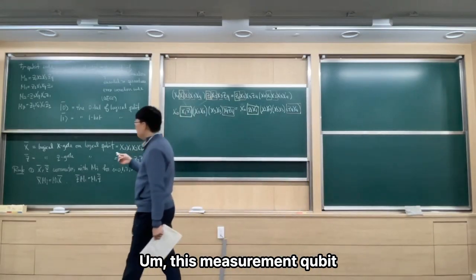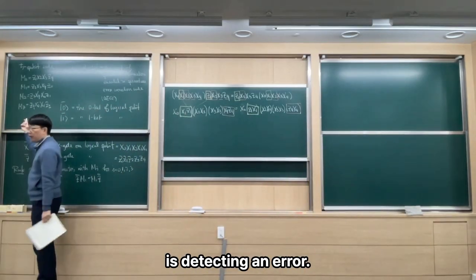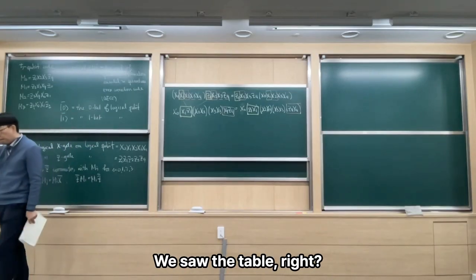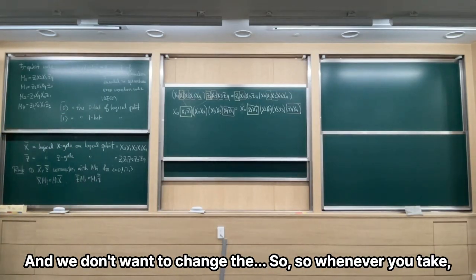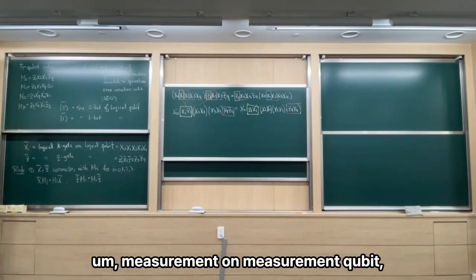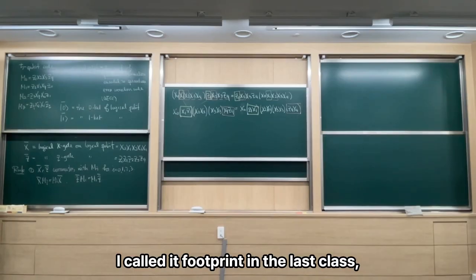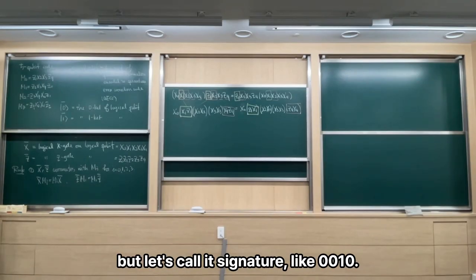This measurement qubit is used for detecting an error. We saw the table, right? Whenever you take a measurement on a measurement qubit, you get a signature. I called it a footprint in the last class, but let's call it a signature, like 0010.